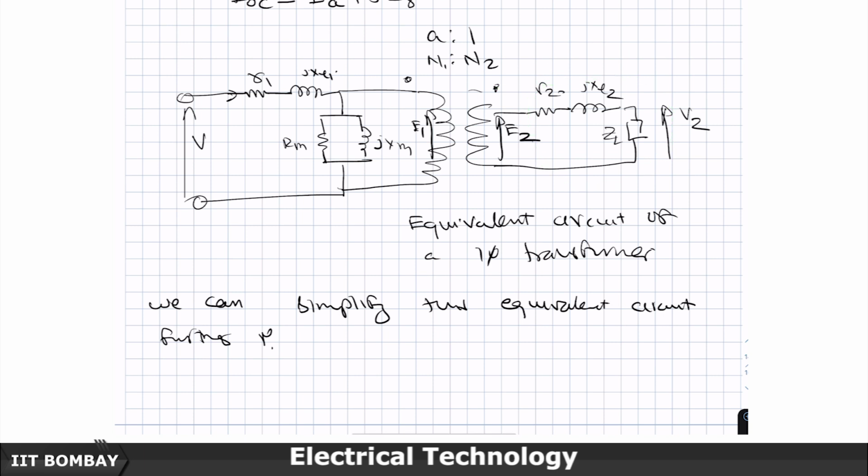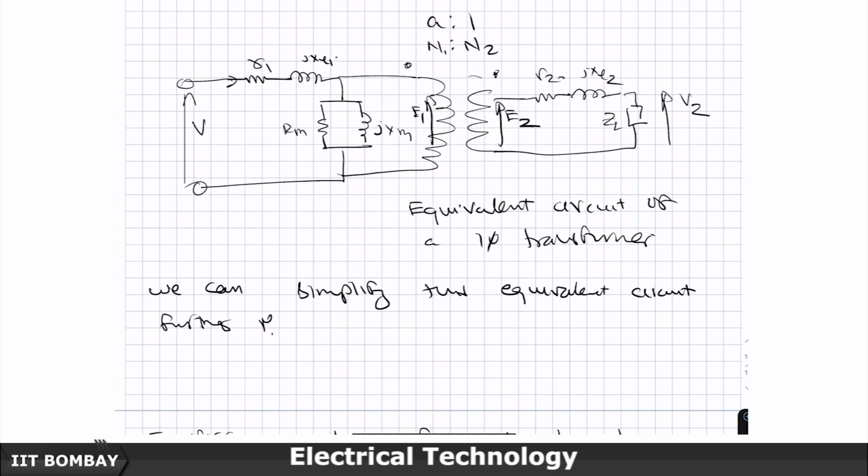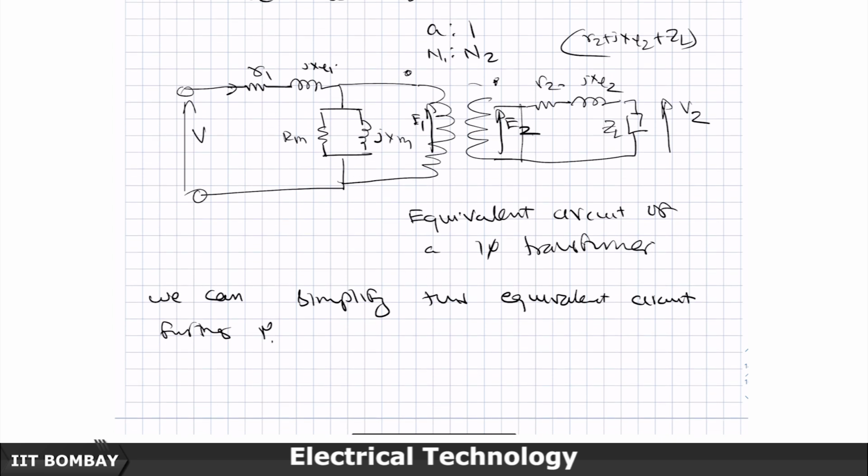So, this is ZL, the load impedance, and what is coming here is R2 plus jXL2 plus ZL. Suppose I want to transfer it onto the primary side. So, what should I do?